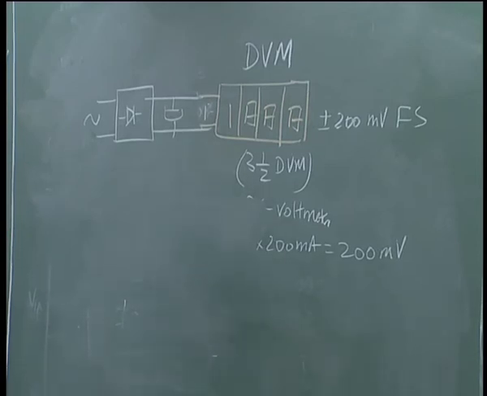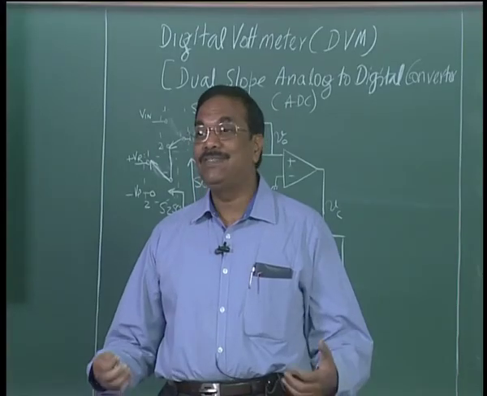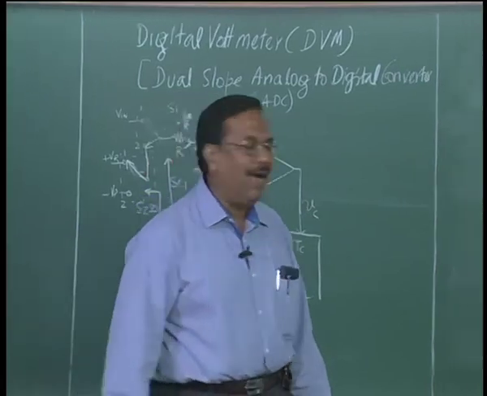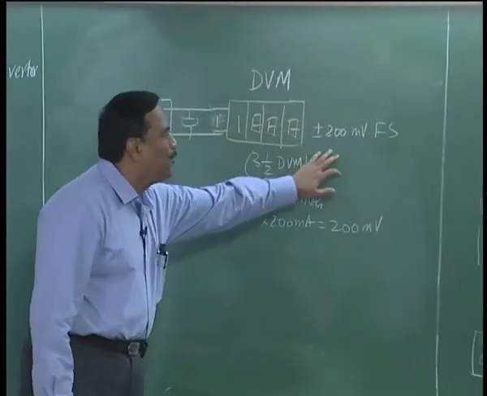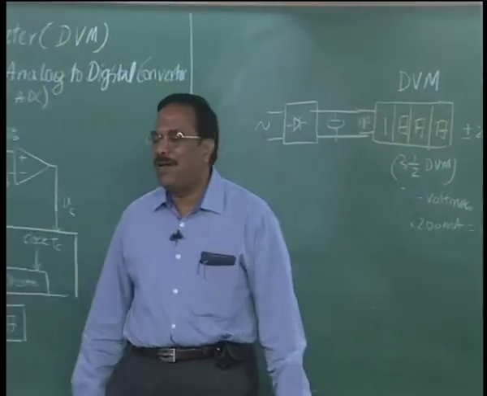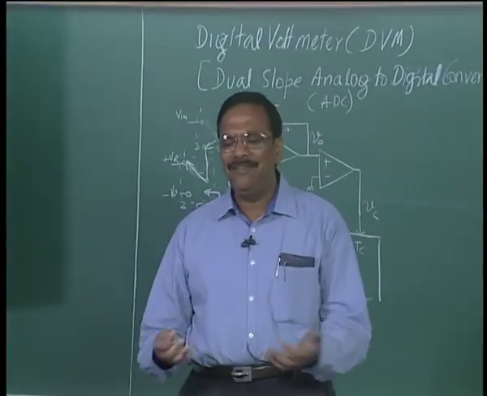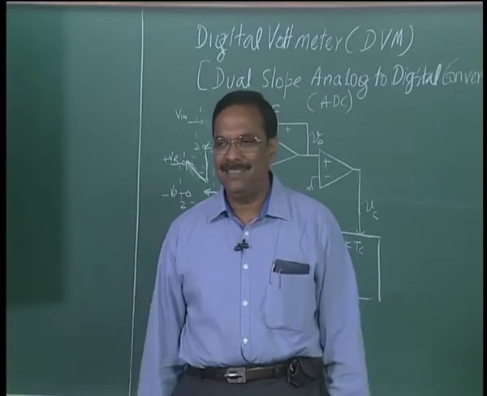The diodes need a minimum of 0.6 volts to conduct, right. There is a forward drop of the voltage. So I am not going to get 200 millivolts full scale in AC, because at 200 millivolts the diode will not conduct, diode does not exist there, right.